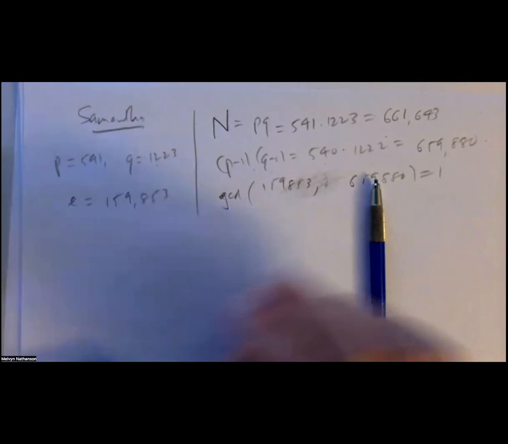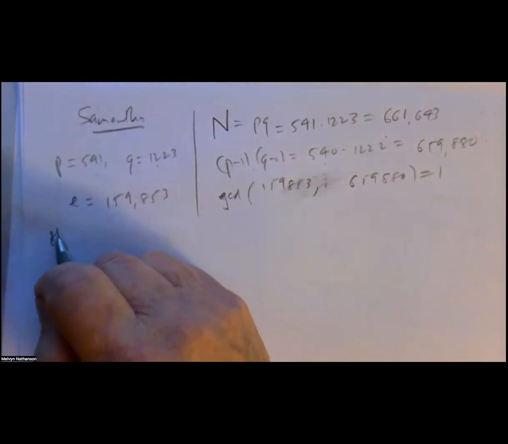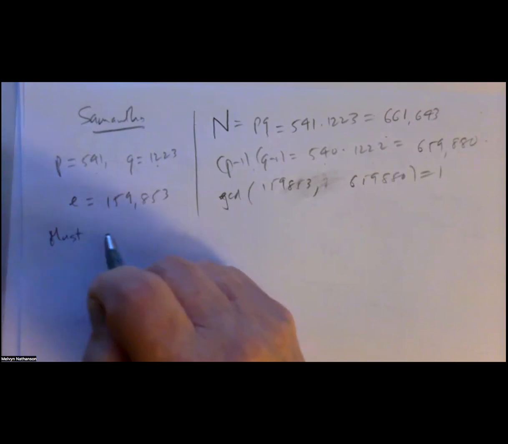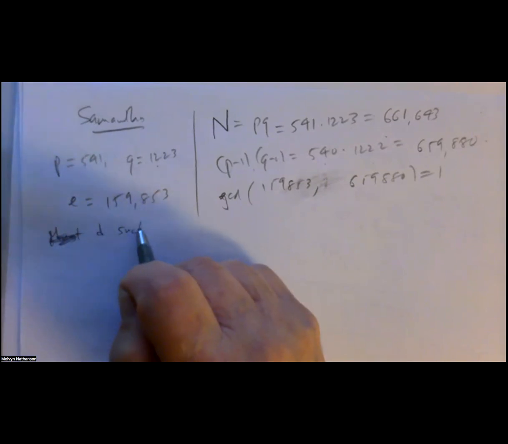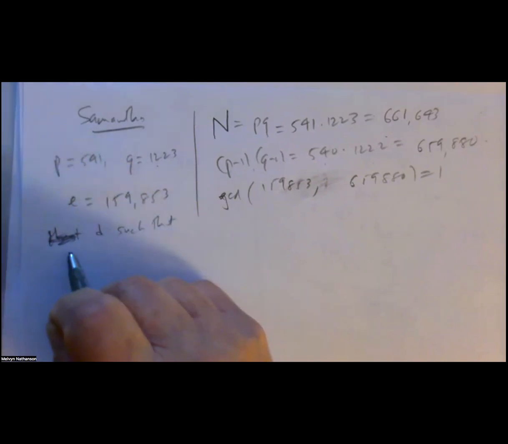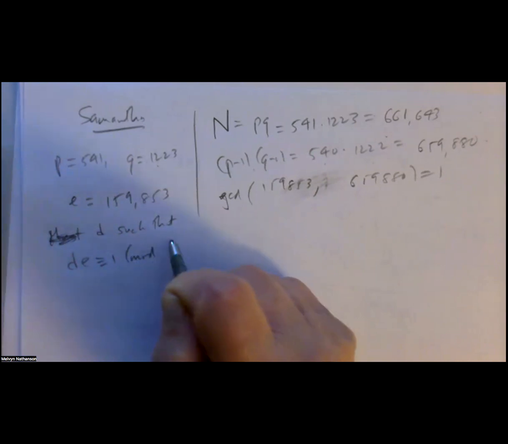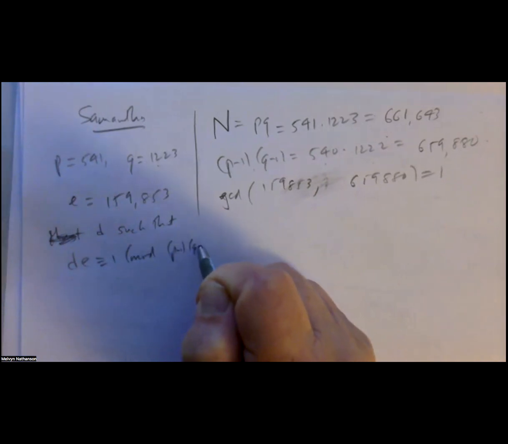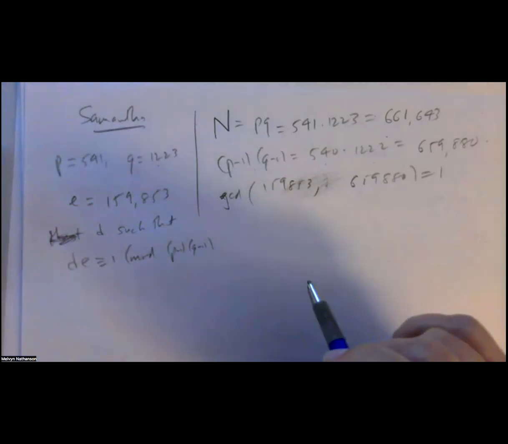What is the private signing key? So we need to find a number d such that de is congruent to 1 modulo p minus 1, q minus 1.